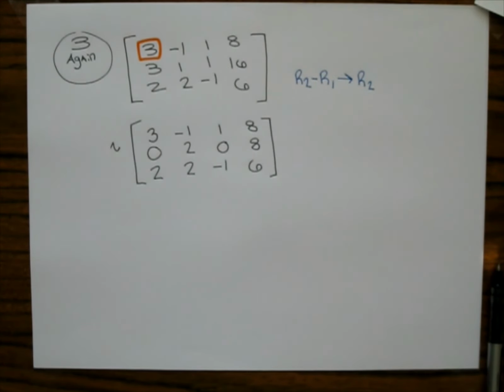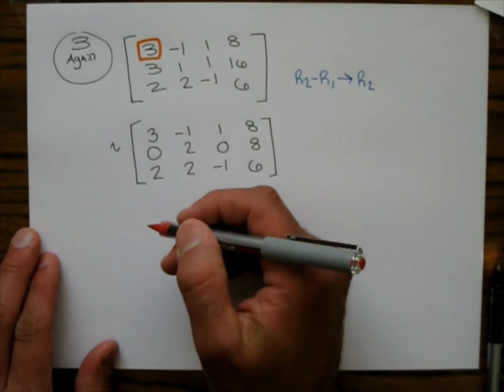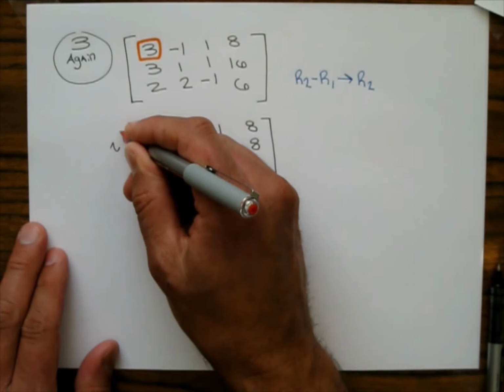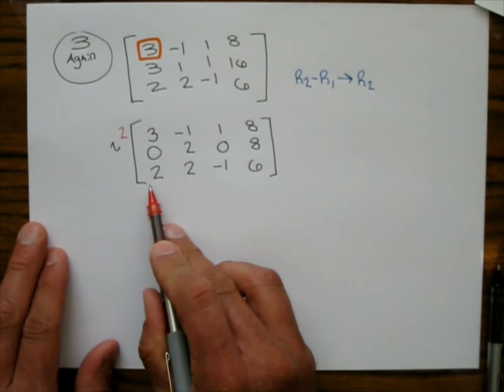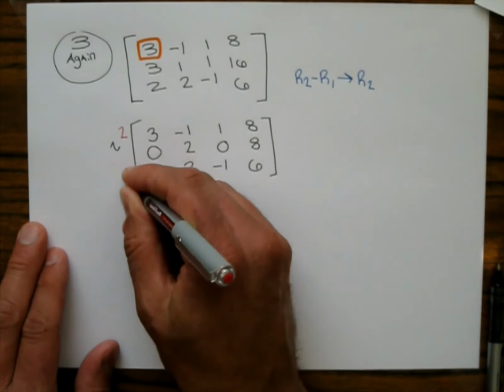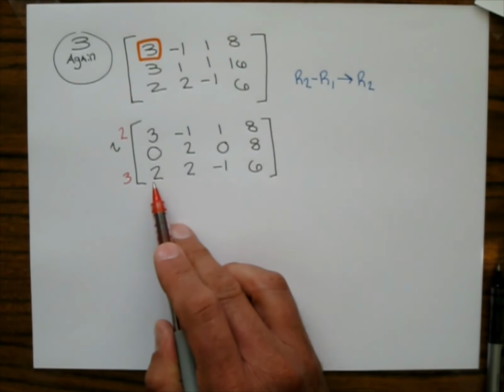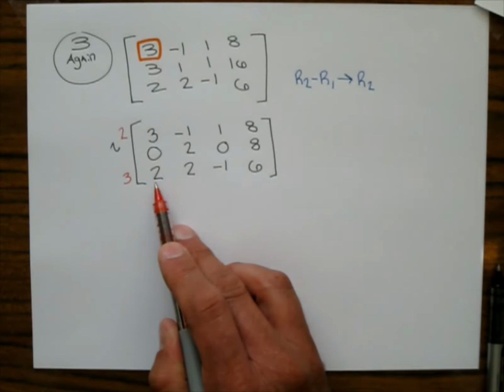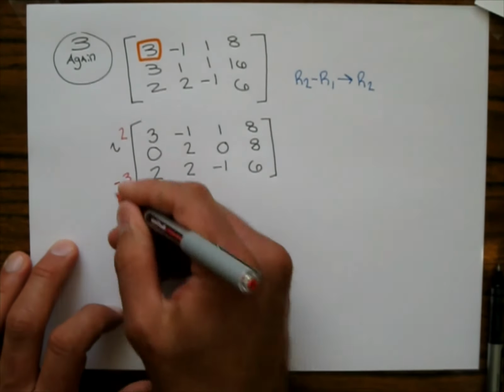But no, watch this. I want opposites there. So I'm going to multiply row 1 by a 2, which will give me a 6 in that position. And I'm going to multiply row 3 by a 3, which will also give me 6 in that position. So I want a 6 and a -6, so I'll put this as a -3.